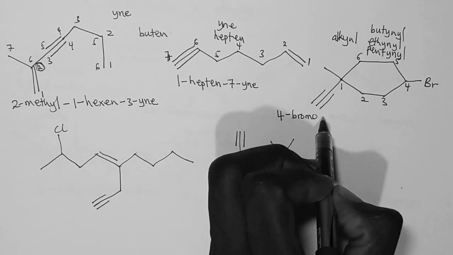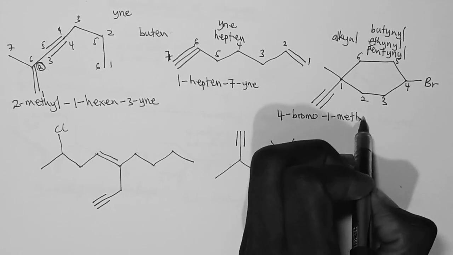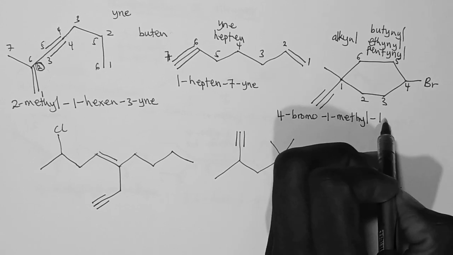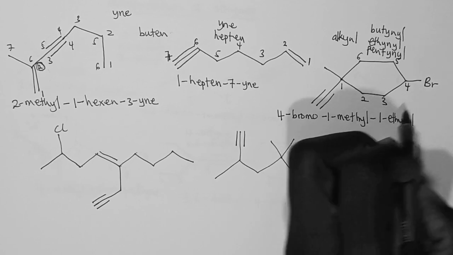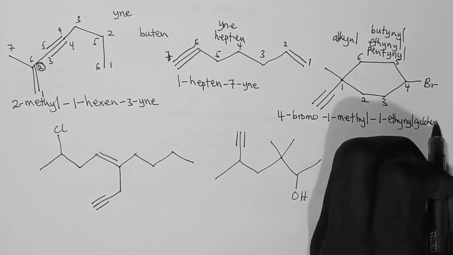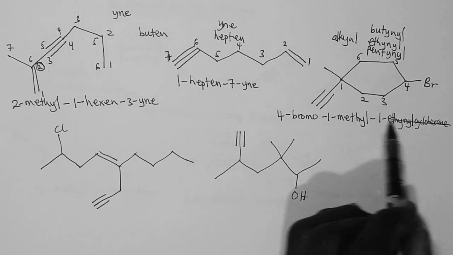So 4-bromo, 1-methyl, then 1-ethenyl, cyclohexane. Sorry, this name is wrong.